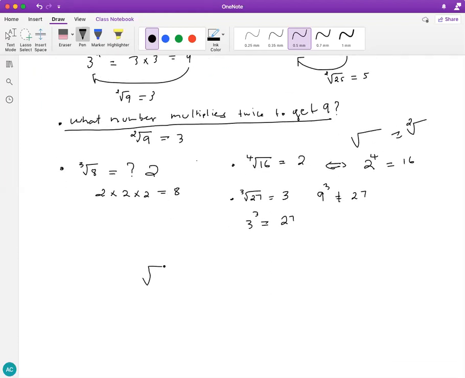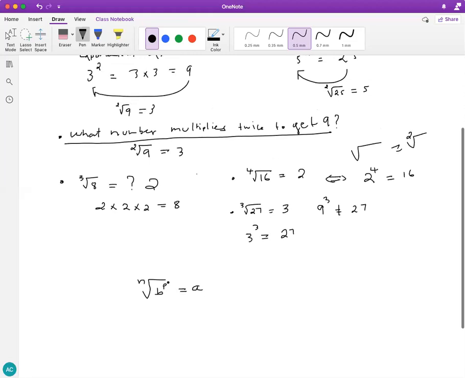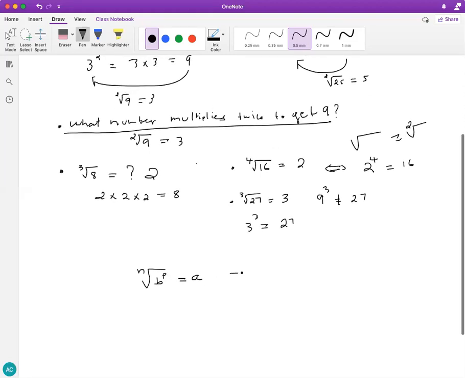There's always some power here, or base, there's a power, there's an index. And we can turn this, say this is equal to some number A, for instance.